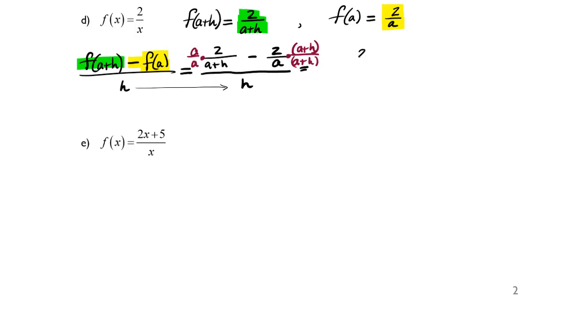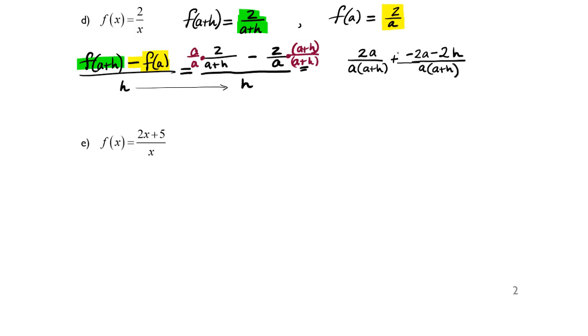Multiplying, I get 2a over a times a plus h minus 2a minus 2h all over a times a plus h.